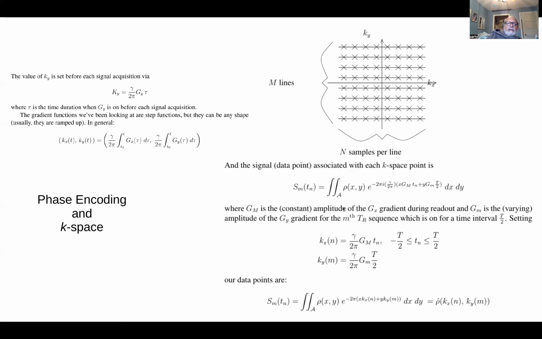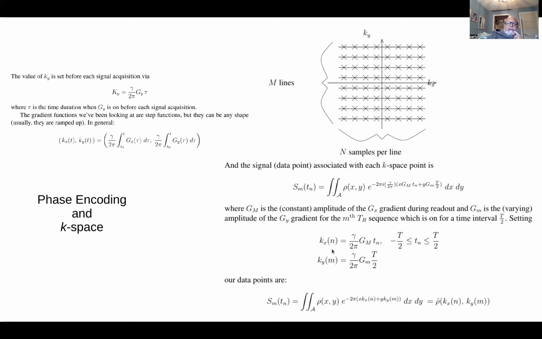We'll talk about that approximation in a minute. But that's how you get the image. In this setup, this is the constant amplitude of GX gradient, and then we vary the amplitude of the GY gradient. That's a typical way of doing an imaging pulse sequence.